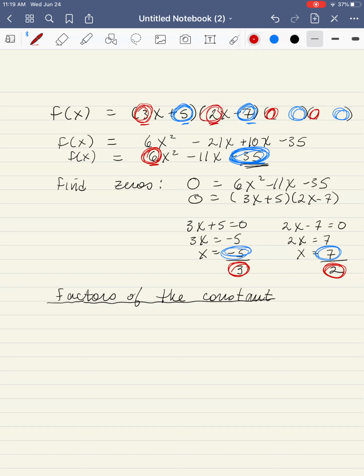And notice that my denominators in my zeros are the 3 and the 2, which were here and here. Taking all of them and multiplying together, I get this number. So the denominators would be factors of, and we're going to call that first number, that coefficient of the highest term, the initial coefficient.